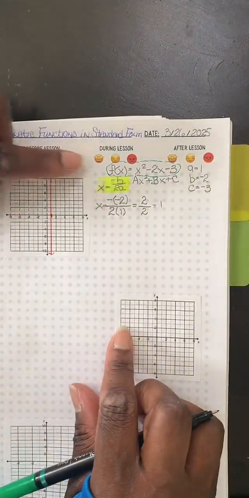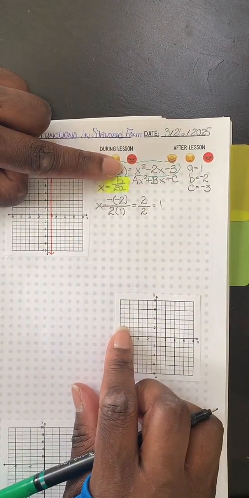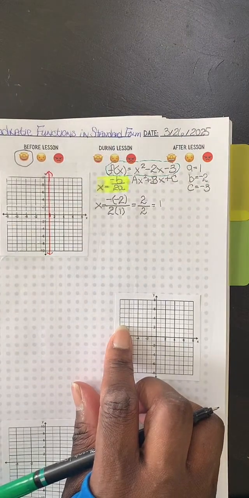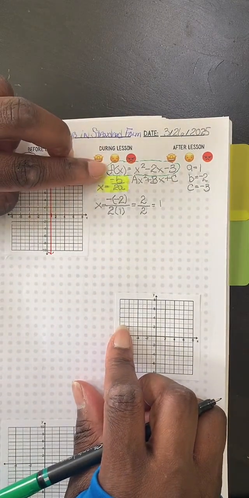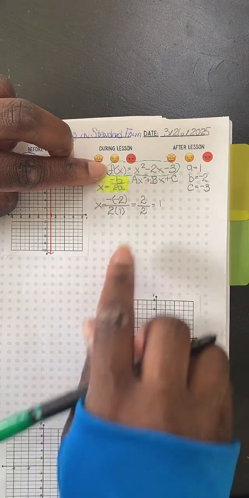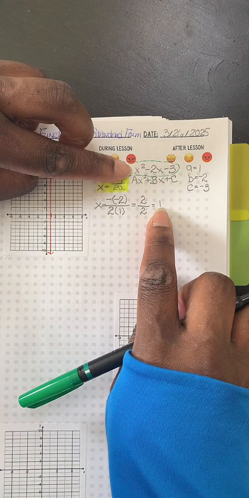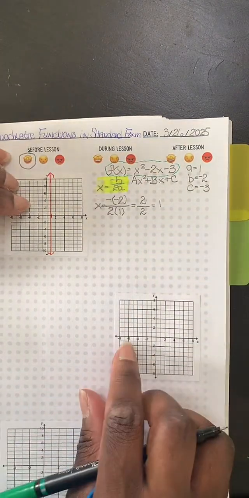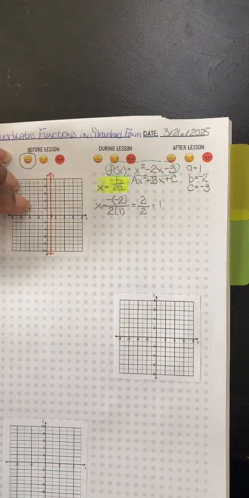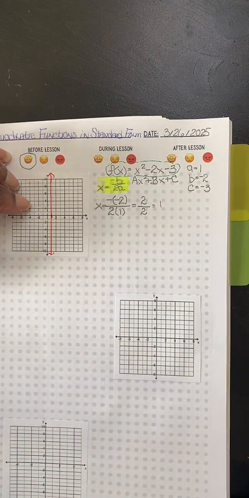Okay. I need to go back to this equation and solve for my y value. So I'm going to take this 1 and plug it in for the x's so I can find my y value.